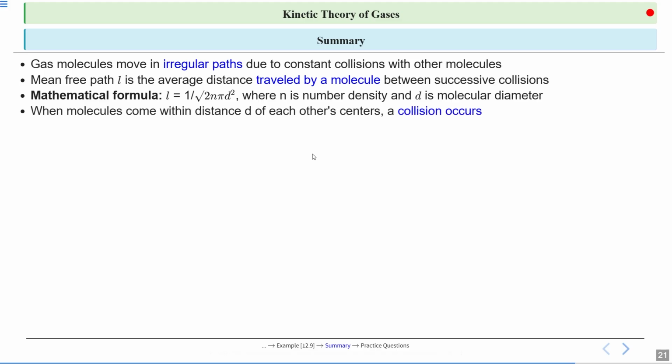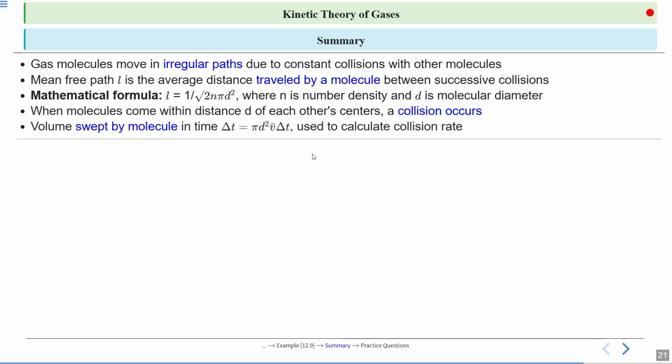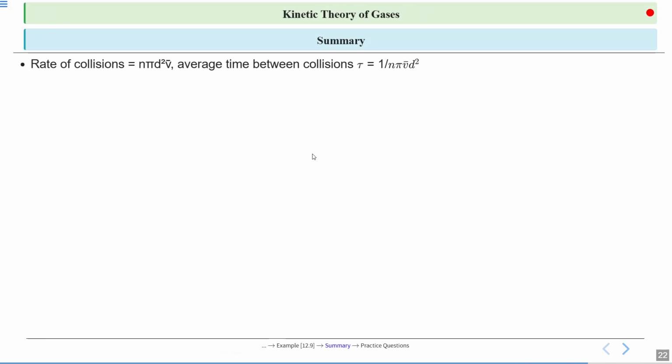When molecules come within a diameter d of each other's centers, a collision occurs. Volume swept by the molecule in a given time, denoted as delta t. The formula pi d square v bar delta t represents this volume, where v bar is the average speed of the molecules.